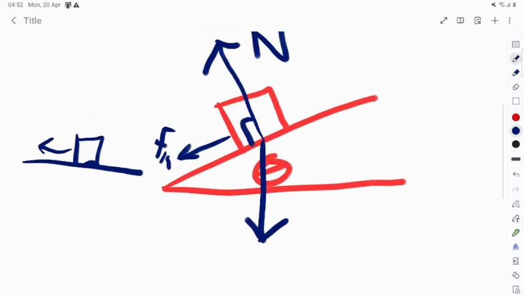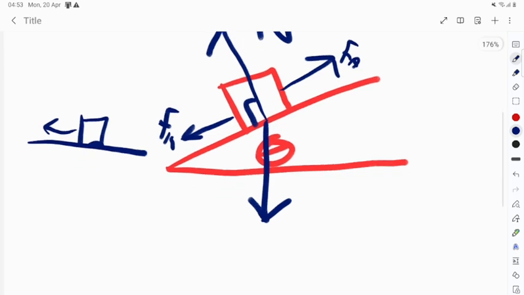If there was a force applied, say a force applied up, friction will go the other way. We'll do a scenario later, an example that is even more complex because it has two blocks, one hanging and the other on an incline. Okay, so that's friction.